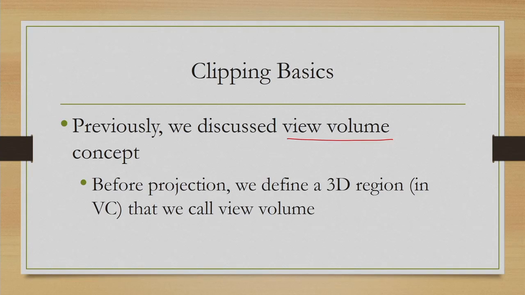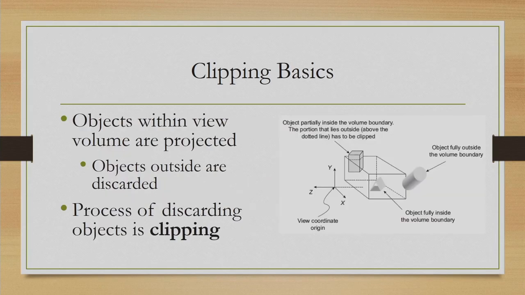Whatever objects are within the view volume should be projected. Thus, we need to define this view volume in the 3D view coordinate system before projection. Whichever objects lie within this volume are projected, whereas objects that are outside the volume are discarded.